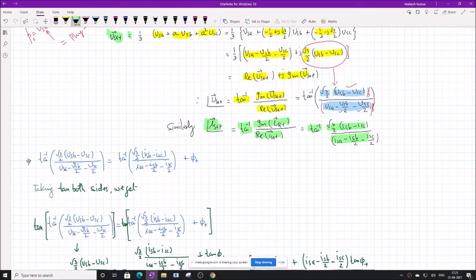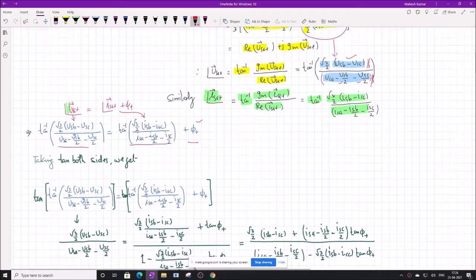Now we will use the third equation: the angle of BSA plus must be equal to the angle of ISA plus plus phi plus. So tan inverse of this is equal to tan inverse of this plus phi plus.